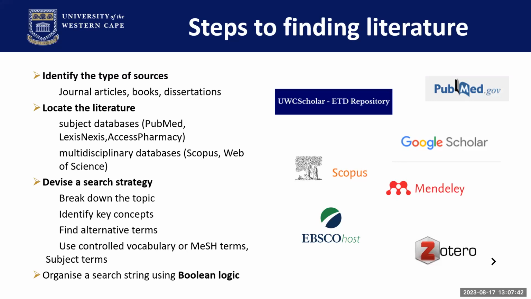So other access points of information that UWC Library offers is our ETD repository, where you'll find previous research by different students from the 7 faculties. So if you're looking at finding previous theses and dissertations from your faculty or your department, or those that were supervised by your supervisor, then the go-to point for UWC is the UWC Scholar ETD repository.